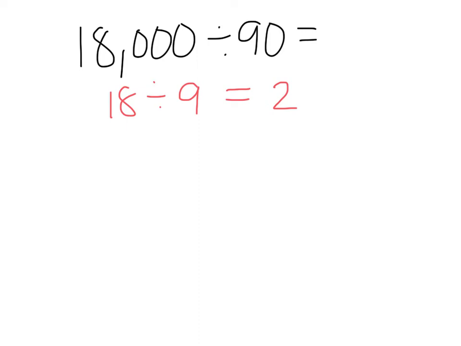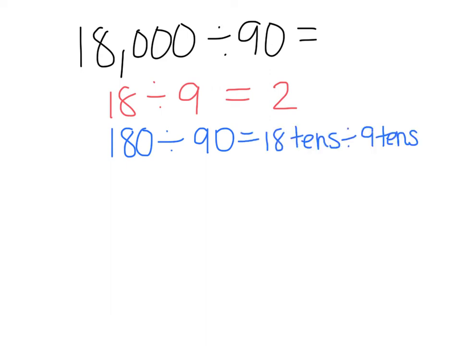So the next one we can focus on, if we just add another zero to both sides, is 180 divided by 90. And essentially what that means is 18 tens divided by 9 tens, because all I did was take 18 times 10 and 9 times 10, and I got 180 divided by 90, and that equals 2.